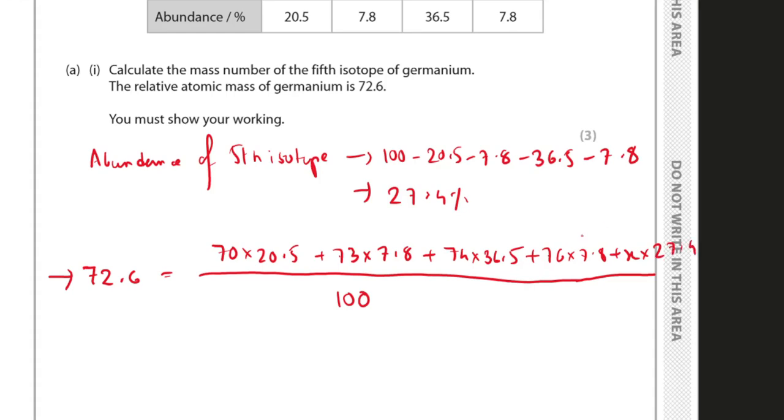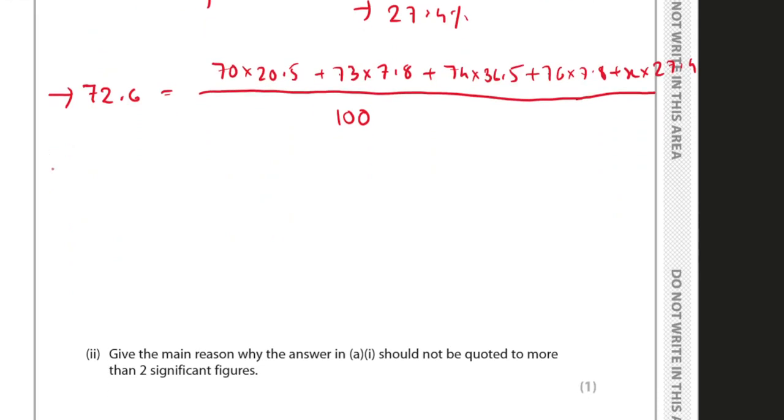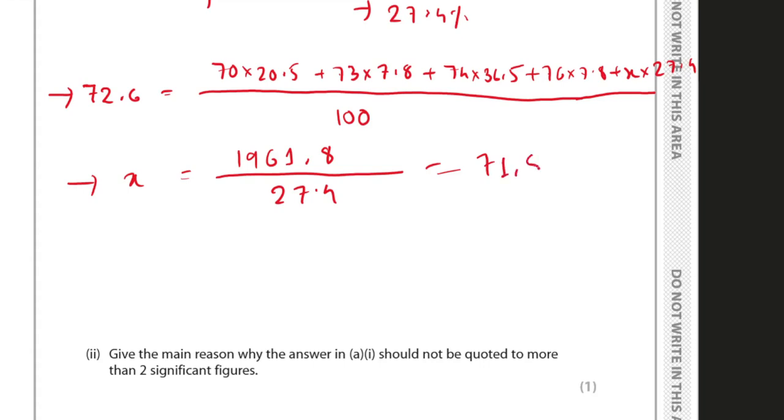Now if you solve for x here, eventually you will get x is equal to about, in my calculation, 1961.8 divided by 27.4, which would be about 71.598.